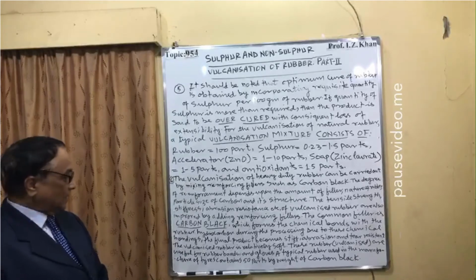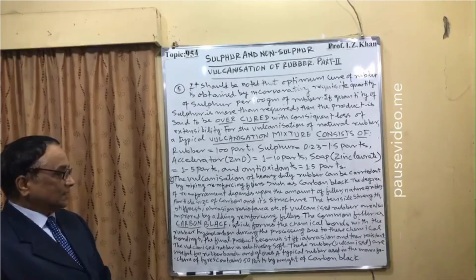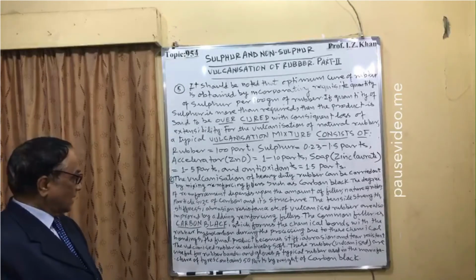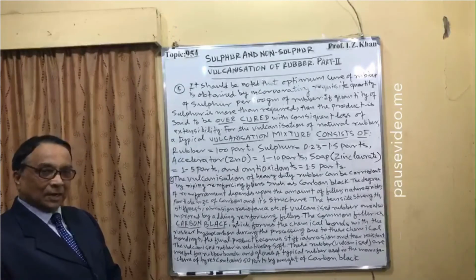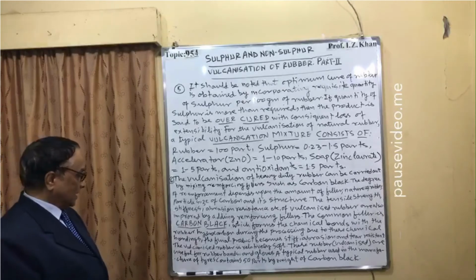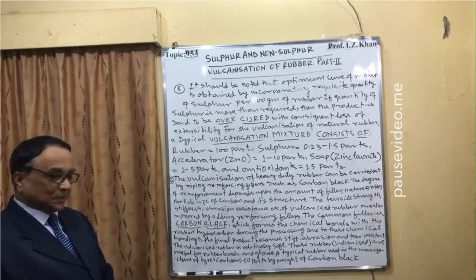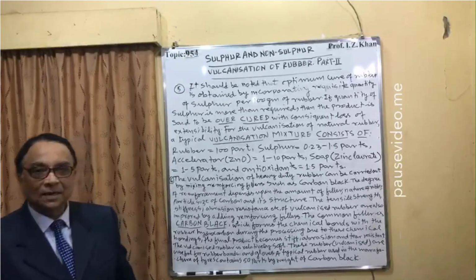The vulcanized rubber is relatively soft. These vulcanized rubbers are useful for rubber bands and gloves. A typical rubber tire used in manufacture of tires contains 50 parts by weight of carbon black.